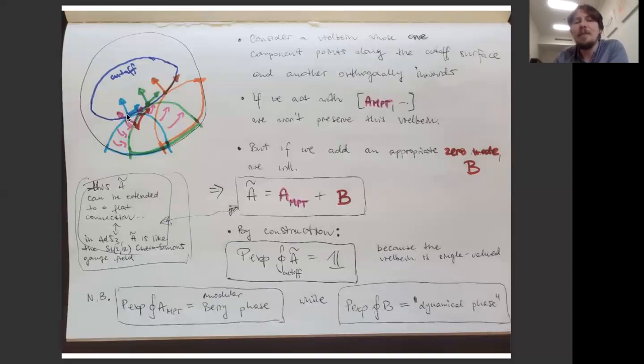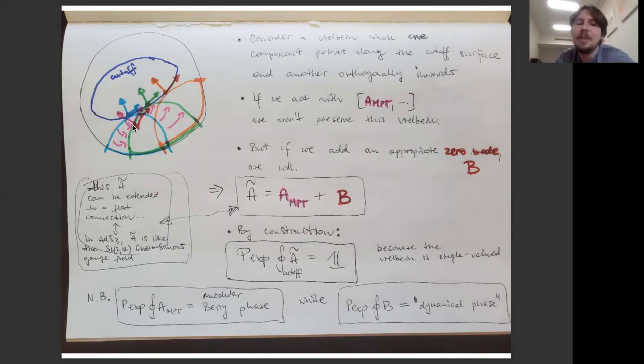The way that modular parallel transport acts for two intersecting geodesics or minimal surfaces in 2+1 dimensions is that it just rotates about their intersection point. So if I start with this point and do that rotation, I will end up with this purple vielbein, but not with the green vielbein that I would have wanted.